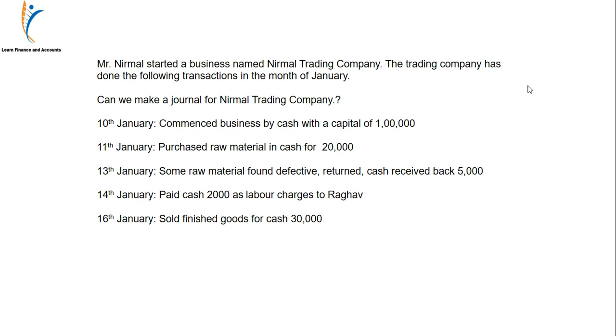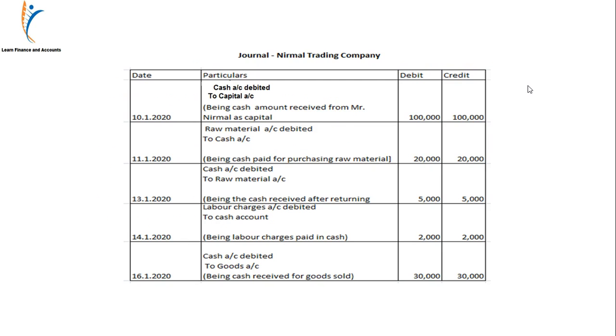Now let us make journal entries. So these will be the journal entries. We have put all these entries in the format. The first transaction: the first column will be date, which is 10th of January. What is happening? Cash account is debited to capital account.